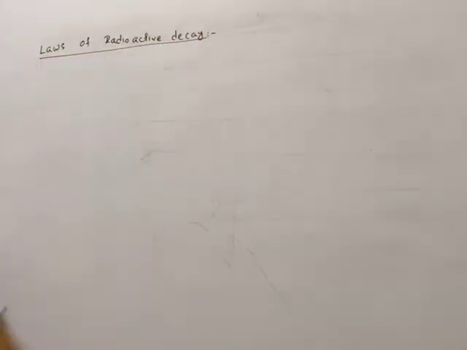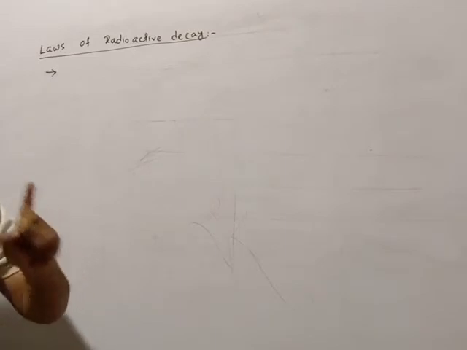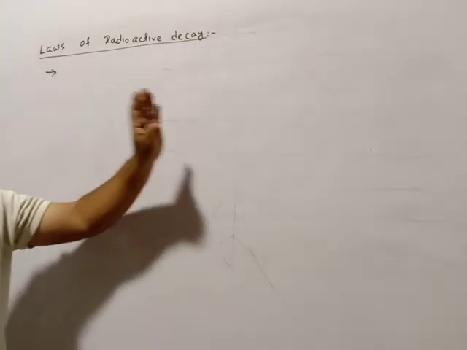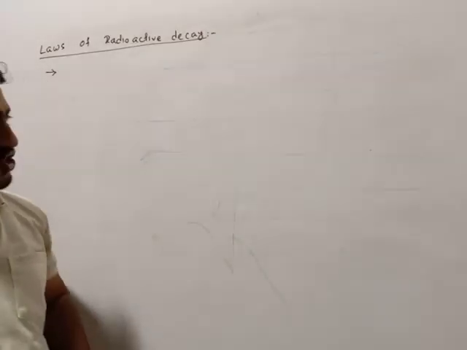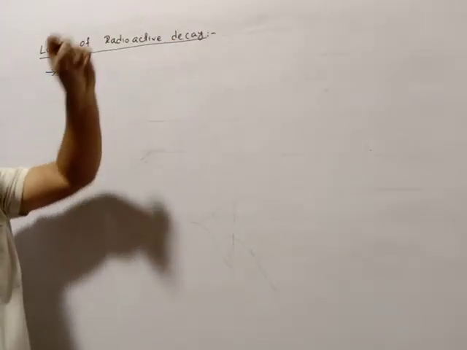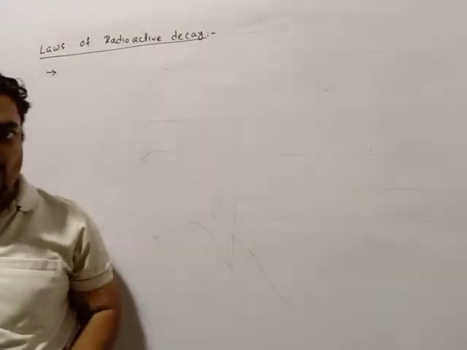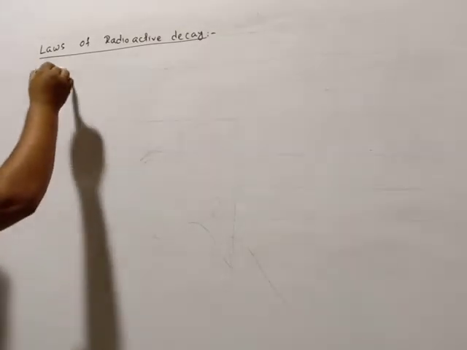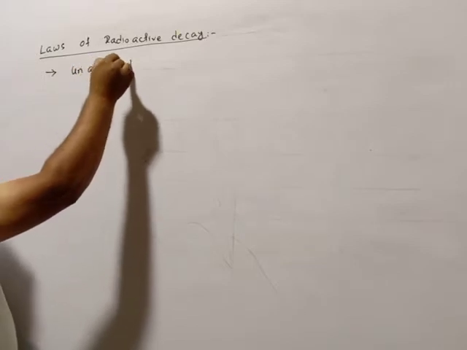So, first law is that radioactive decay or radioactive disintegration, it is a spontaneous process. So, it is unaffected due to external conditions like pressure and temperature. Radioactive disintegration is due to spontaneous disintegration of the nucleus.